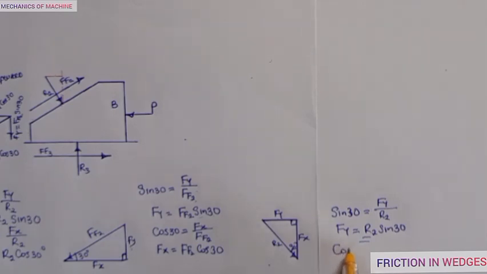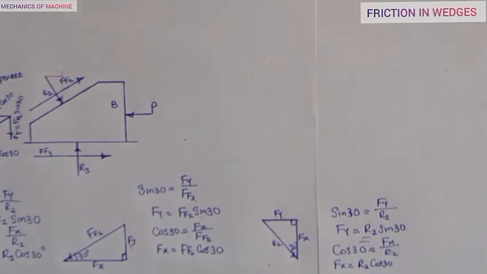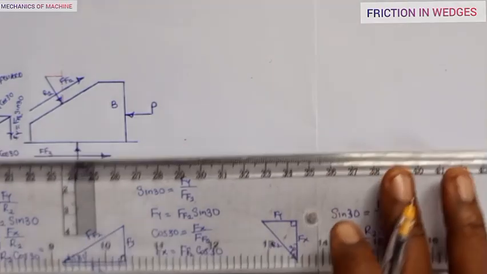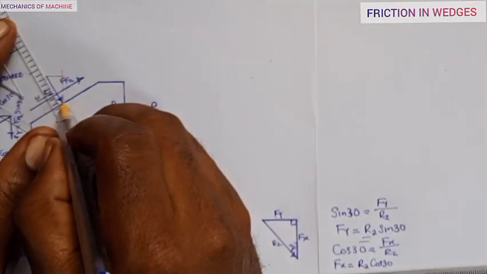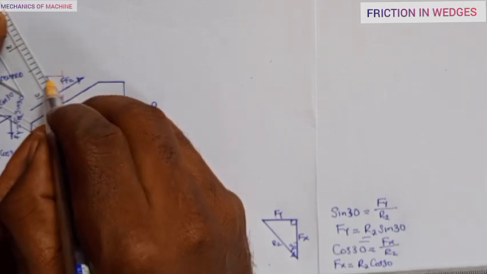Similarly, cos 30 will give me adjacent over hypotenuse. If this is the opposite, automatically this is my adjacent. So it will be Fx all over arrow 2. So my Fx here will give me arrow 2 cos 30. That is what I am going to input here. So I'll draw the line at this point and extend it a little bit, so it will move forward.